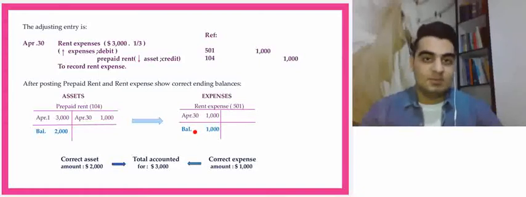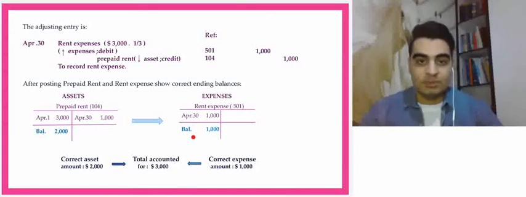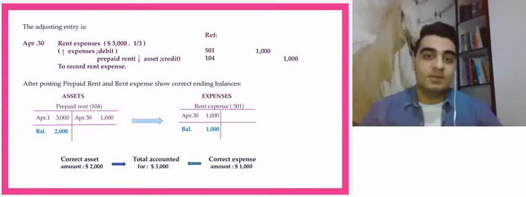It's based on the accounting equation. So the balance amount will be $1,000. This diagram may help you understand a bit more. The correct asset amount is 2,000 because only 2 months remain. The correct expense amount will be 1,000. If we sum these two, the total accounted for will be 3,000, as at the beginning of our period.